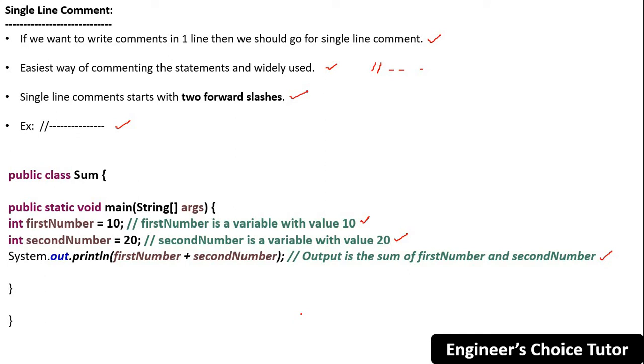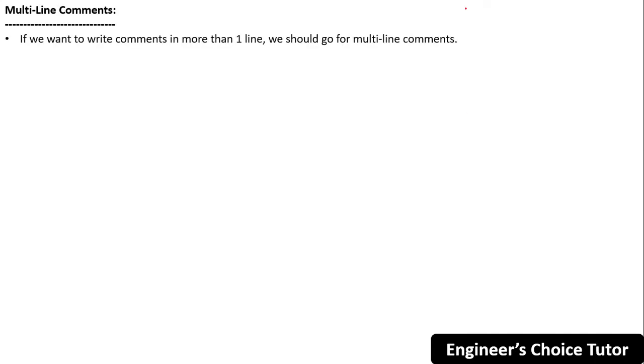So what do we mean by multi-line comment? See, if we want to write comments in more than one line, till now we were writing the comments in one line, right? If you hit enter, it is not considered as a comment. We saw this already. So if we want to write comments in more than one line, we should go for multi-line comments.